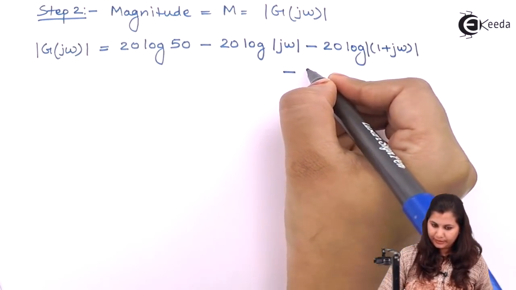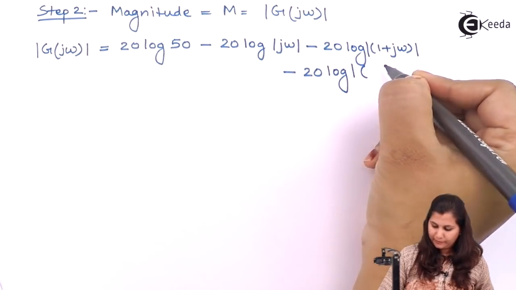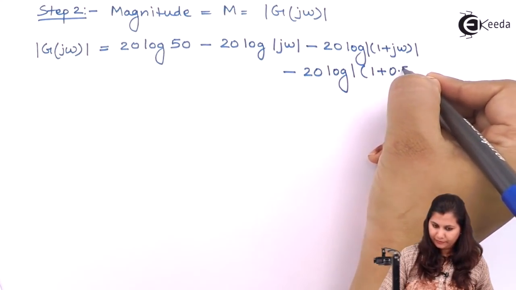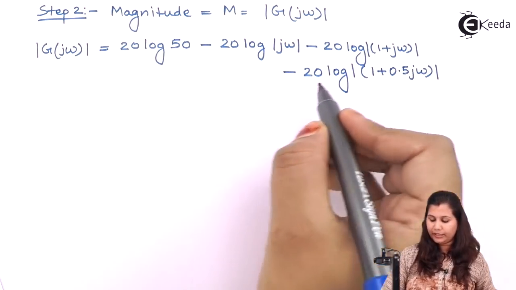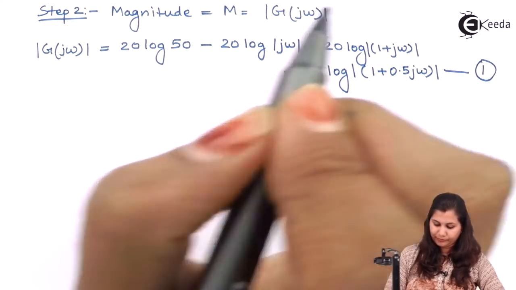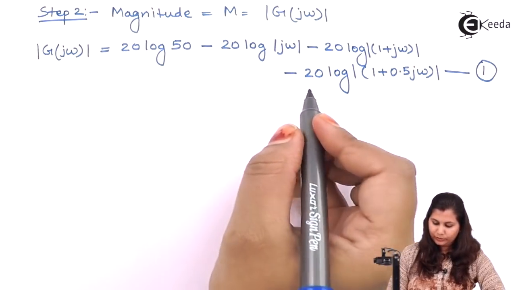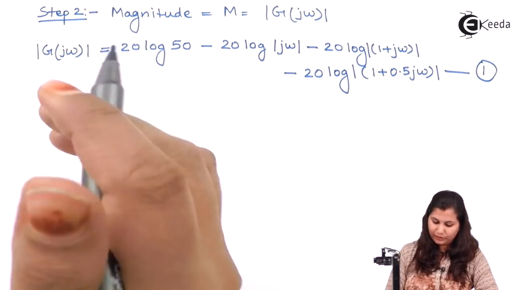Then we have minus 20 log of 1 plus 0.5 j omega. So this is the equation for the magnitude. Mark it as 1.